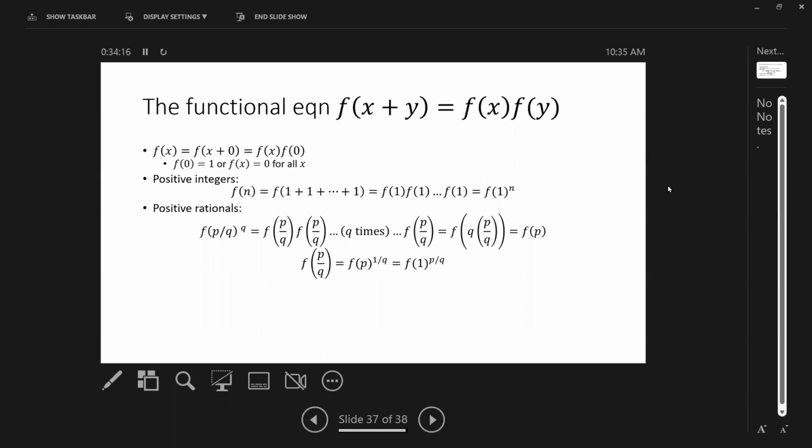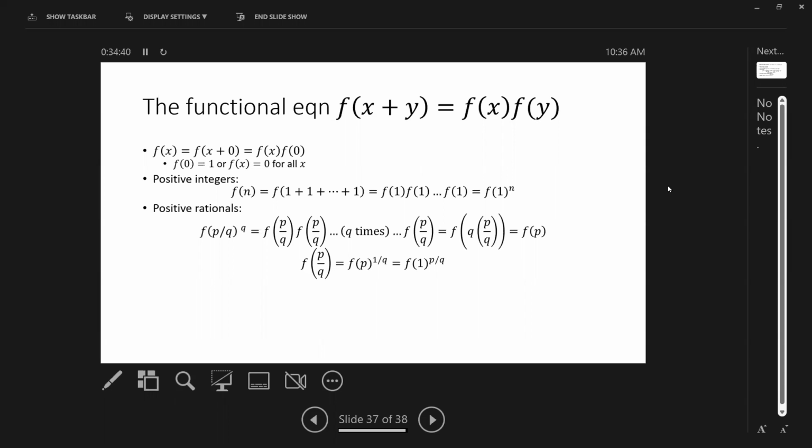And by our combination rule that the function has to satisfy, this is the same thing as f of q copies of p over q added together. Well, q copies of this thing added together is just q times p over q. So at the end, it equals f of p. So we have f of p over q, all raised to the q, equals f of p.